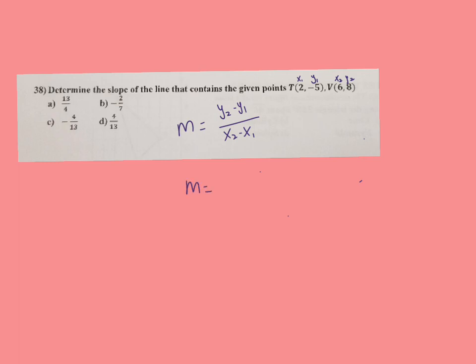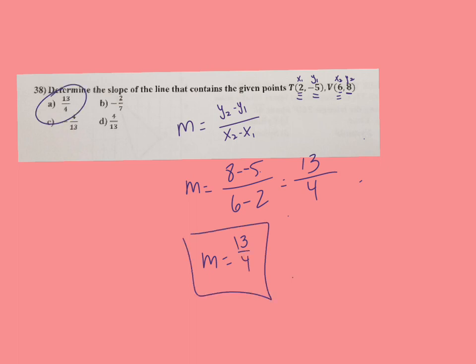So I'm going to plug it in: 8 minus negative 5 all over 6 minus 2. 8 minus negative 5 is a positive 13 because subtracting negatives is like adding. 6 minus 2 is 4. So my slope is 13 over 4, which is A. That's it. We can actually go further and find the equation of the line if we wanted to, and we did some fire starters like that.